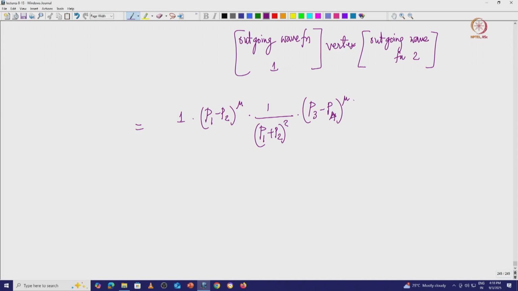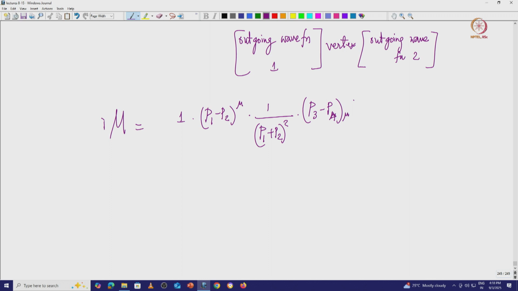So here you have your first amplitude, which is simple in structure, it only has momenta, it does not have any spinors, it only depends on the momenta P1, P2, P3, P4. This is your iM. There is just a vertex, propagator, vertex, outgoing wave function and so on.